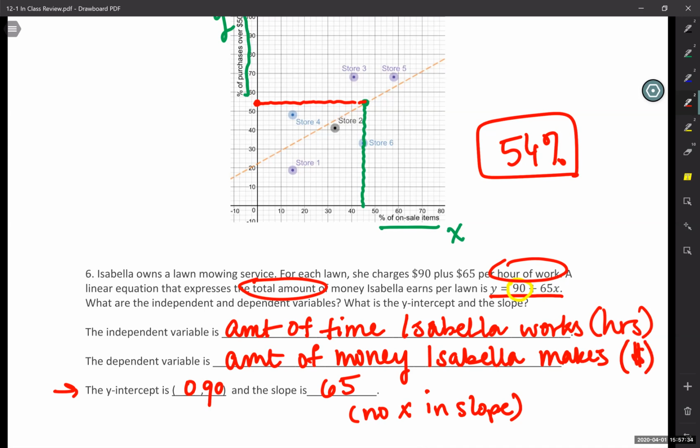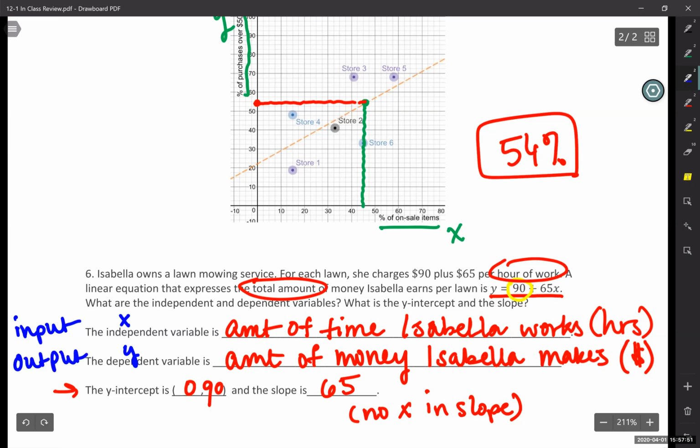I keep using these words interchangeably, but independent is X. Dependent is Y. Independent is the input. Dependent is the output. So this all goes back to those graphs that we have been talking about since pre-algebra.